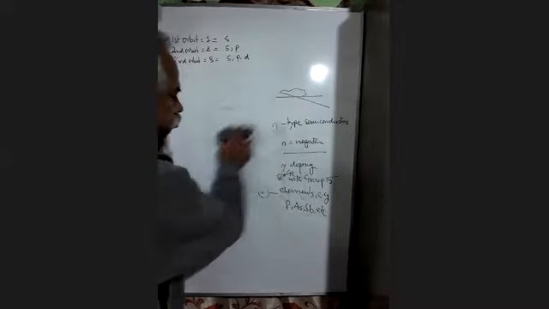So how to identify which is P-type and N-type?